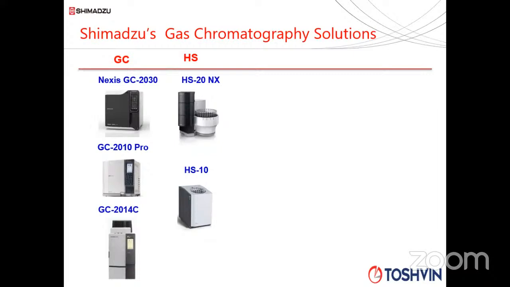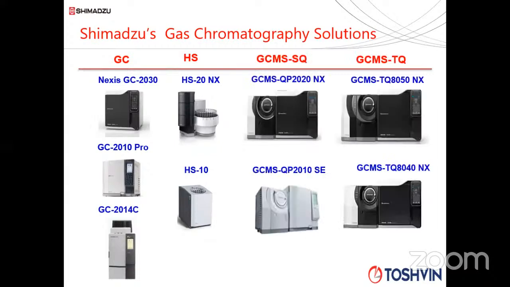We also have GC-MS, single quadrupole as well as triple quadrupole. In single quadrupole, we have 2 models. GC-MS QP2020NX is the very powerful single quadrupole GC-MS. Then we have a low-cost MS also, called GC-MS QP2010SC. It doesn't have as many features as the 2020; it's basically meant for routine applications.